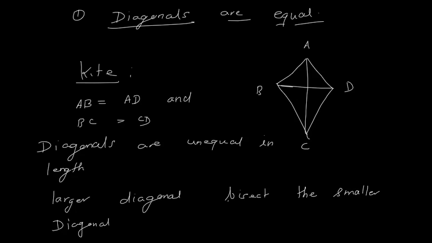Bisect means divide into equal parts. So if this is M, then BM will be equal to DM. But AM will not be equal to CM.